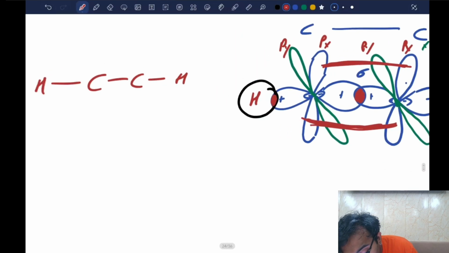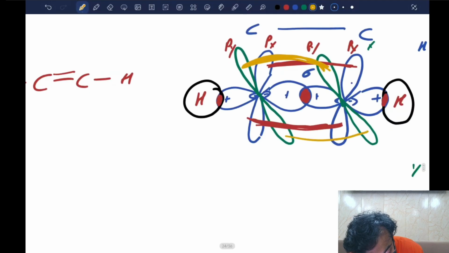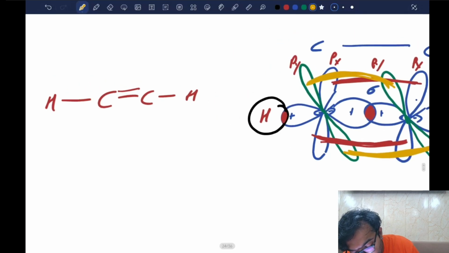So one of the pi bonds has formed. Then similarly, I'll use a different color. The py and the py like this. The py and the py are going to have the bond formation here. Here also the py and the py are overlapping, and then you have another bond here.